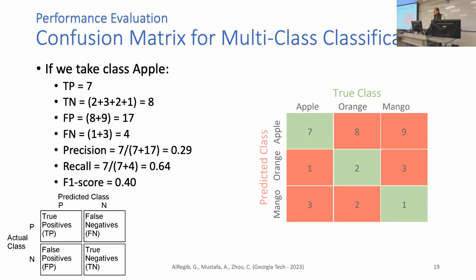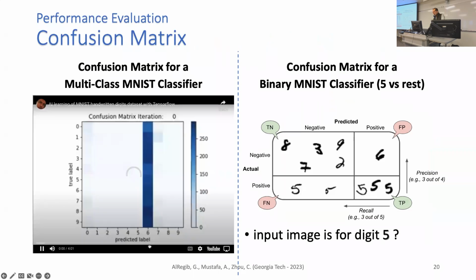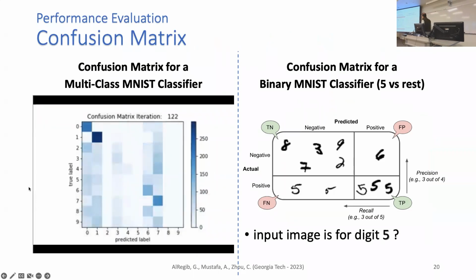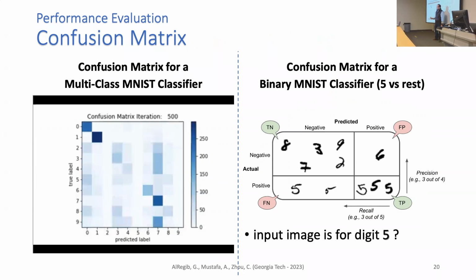Okay? Now if I do this for the MNIST data set, can you imagine? This is my predicted label. In MNIST, I have digits 0 to 9, and on the y-axis I have the true labels. Ideally, you want to have very dark values here.